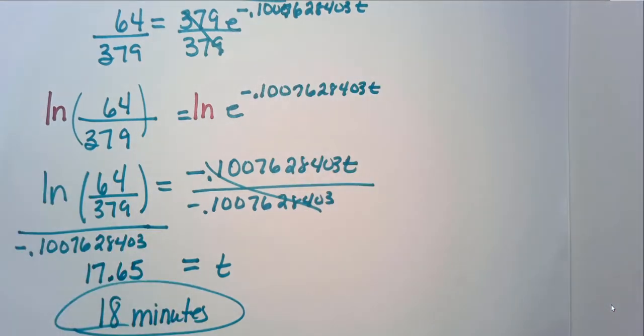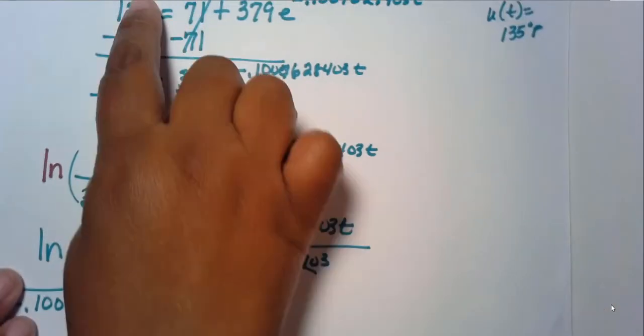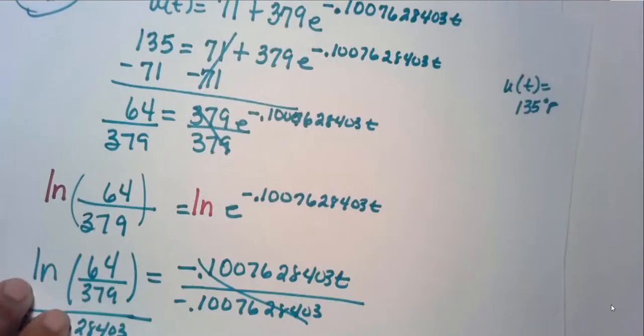Let's look at B. B says determine the time that needs to elapse before the pan is 160 degrees. Okay, so using our same formula that we have here at the top of our page, I'm going to rewrite it again. We have a new page here.